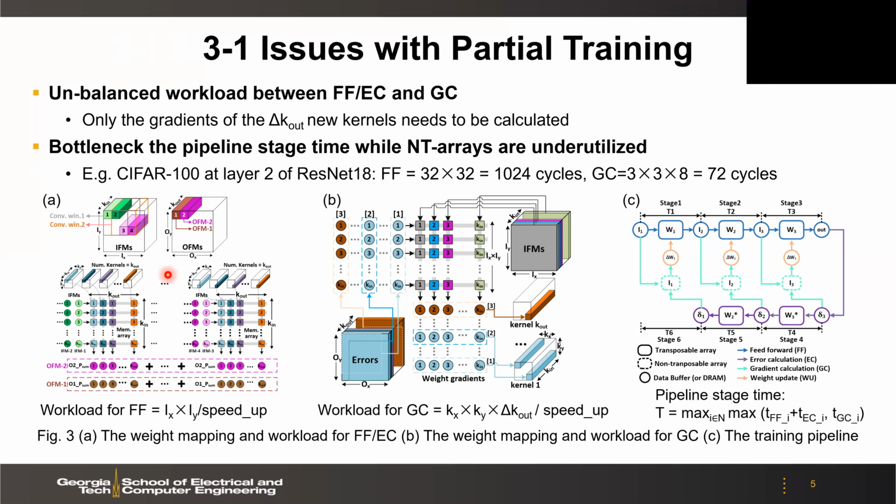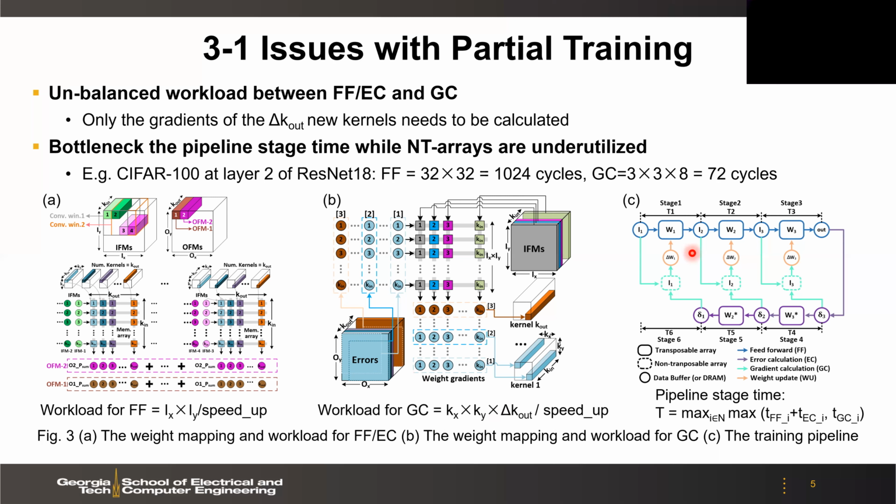We use computing memory array that supports transposable reads for feed-forward and error calculation, which is called the transposable array. We also use non-transposable computing memory array for gradient calculation. In the partial retraining, since we only retrain the new kernels, the workload for gradient calculation is small, which means the processing elements for the gradient calculation are underutilized.